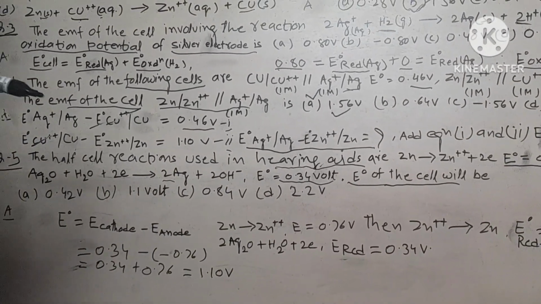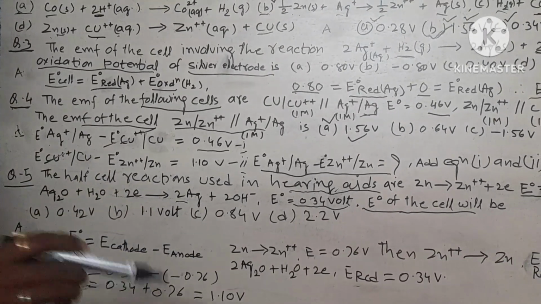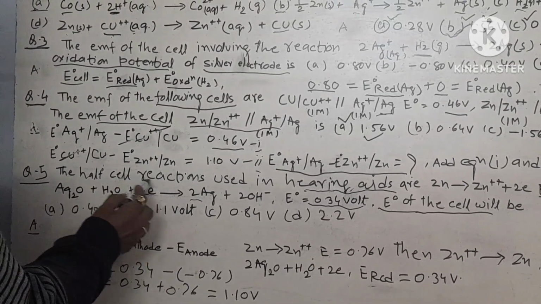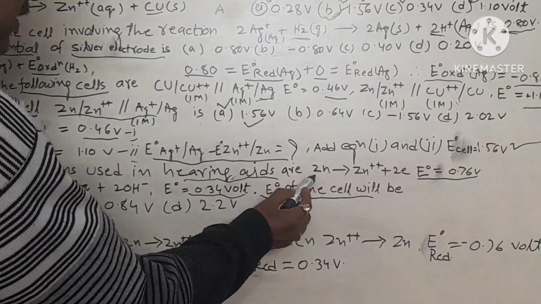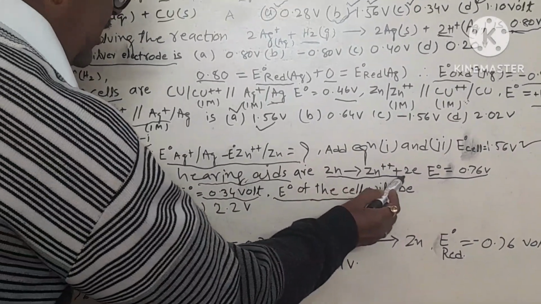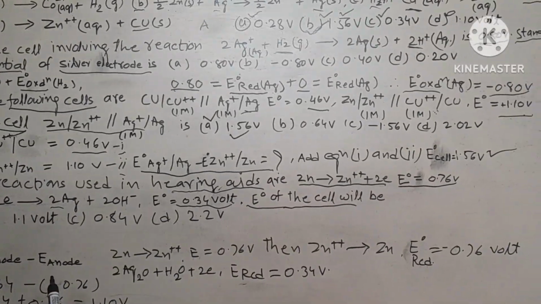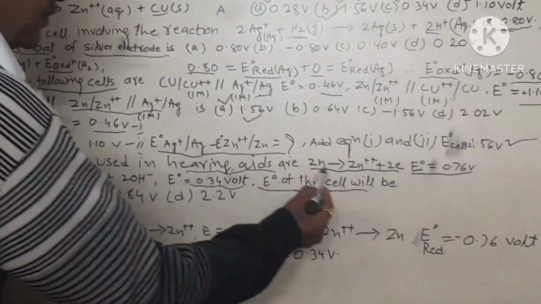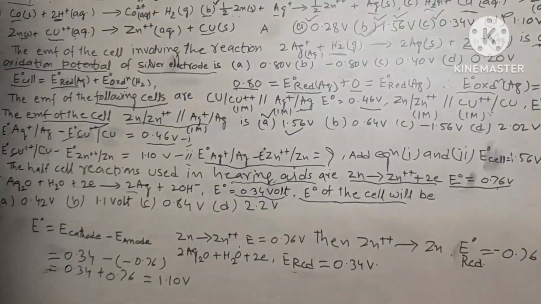In a cell, two halves are there; you know that half cell plus half cell gives the full cell reaction. The half cell reactions used in hearing aids: the first reaction is the anode reaction, then the cathode reaction. Zinc is converting to zinc ion and the potential is 0.76.